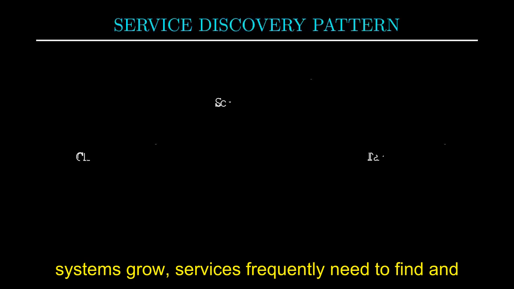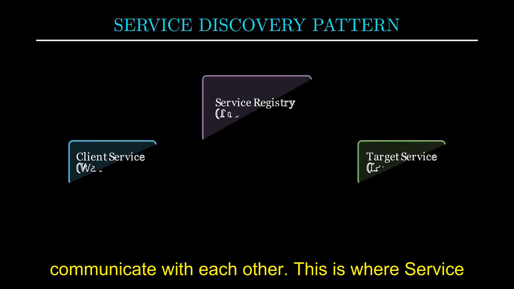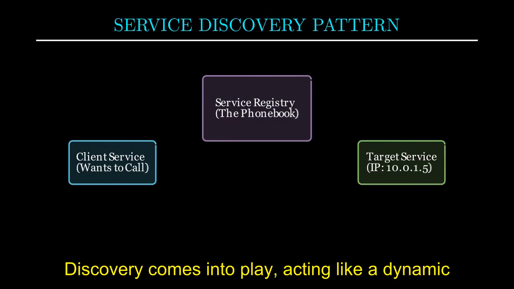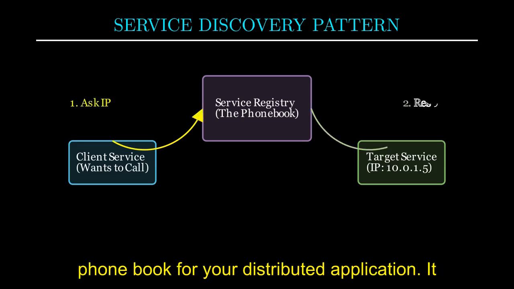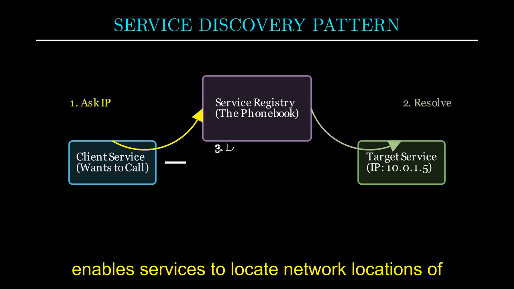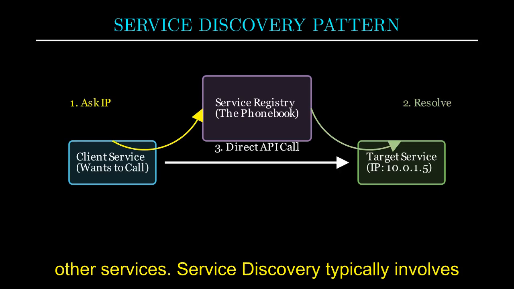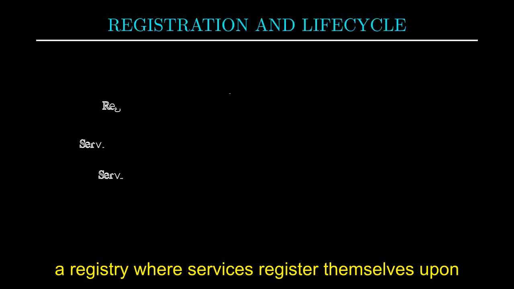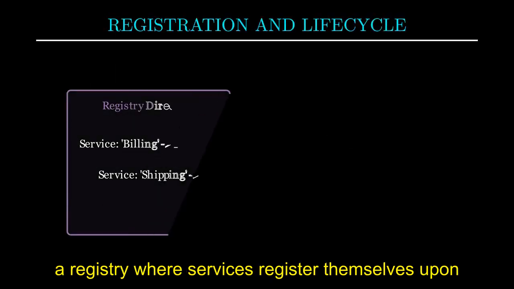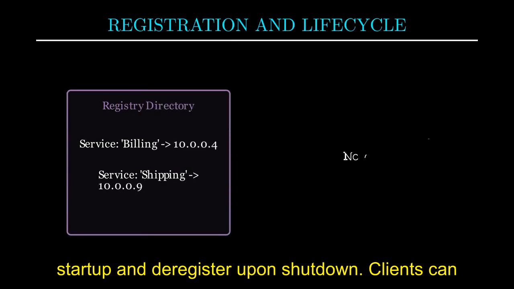As systems grow, services frequently need to find and communicate with each other. This is where service discovery comes into play, acting like a dynamic phone book for your distributed application. It enables services to locate network locations of other services. Service discovery typically involves a registry where services register themselves upon startup and deregister upon shutdown.